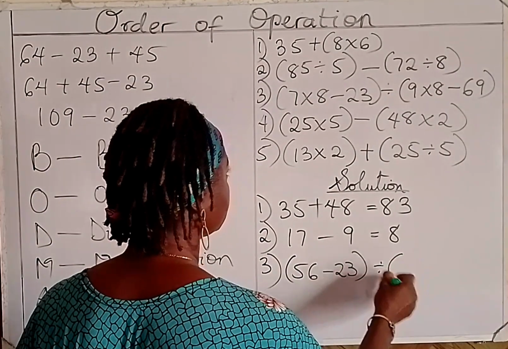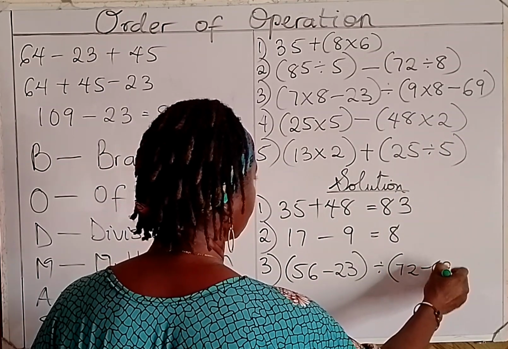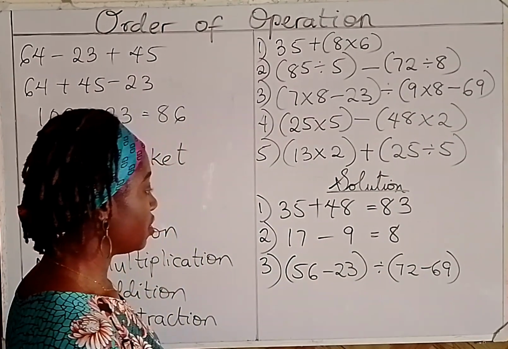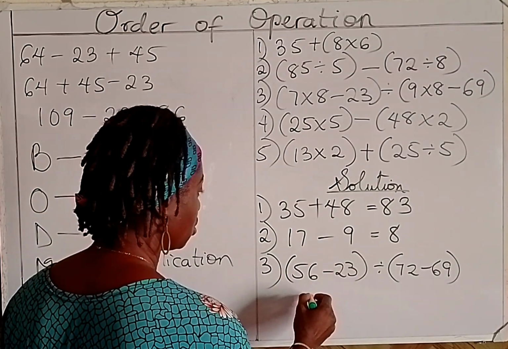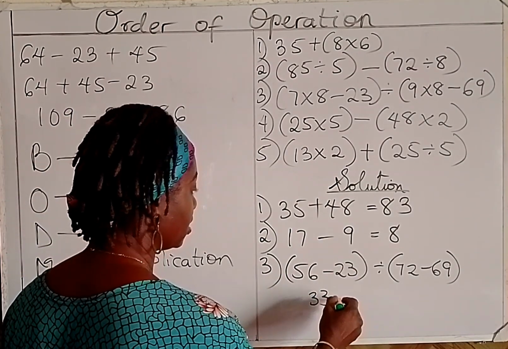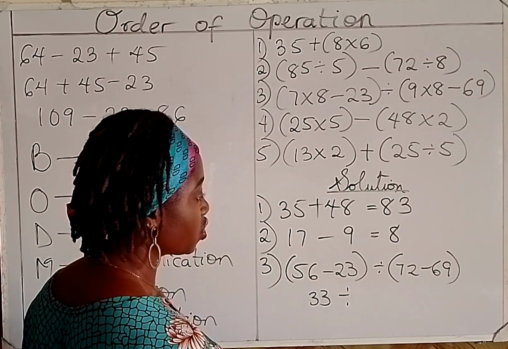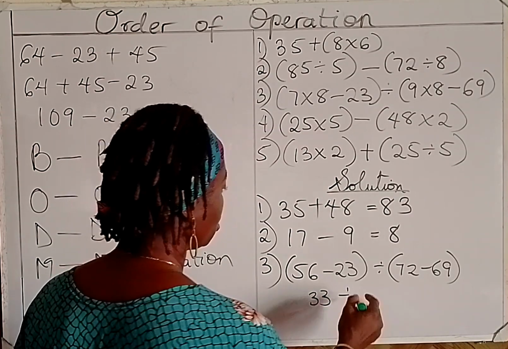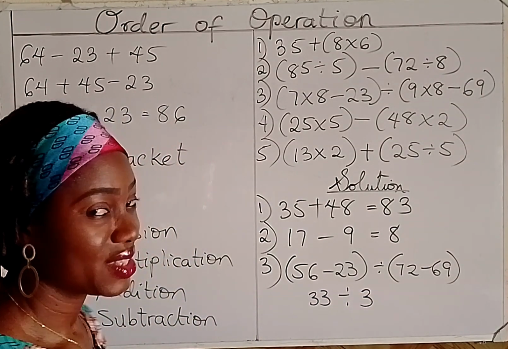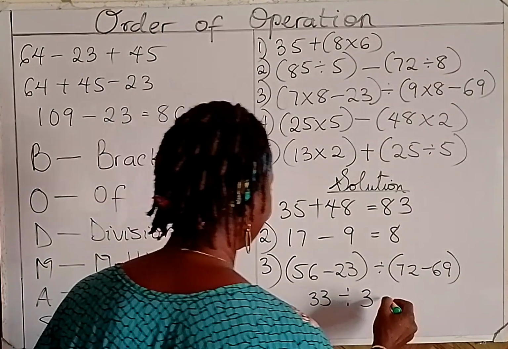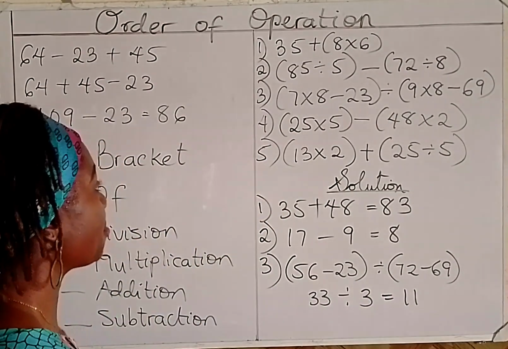Divided by 9 times 8, which is 72 minus 69. So what is 56 minus 23? This is 33, right? Divided by 72 minus 69 gives us 3. 33 divided by 3 is 11. And that's the final answer for question 3.